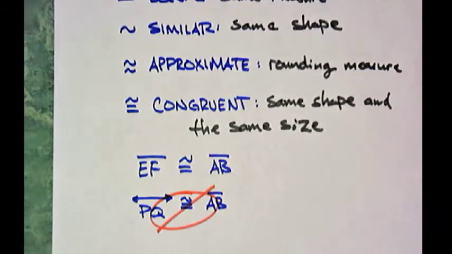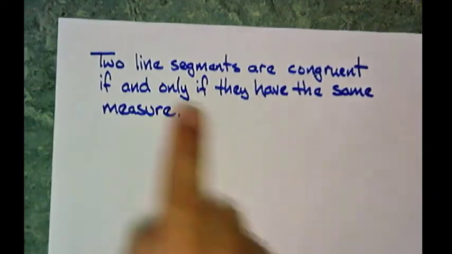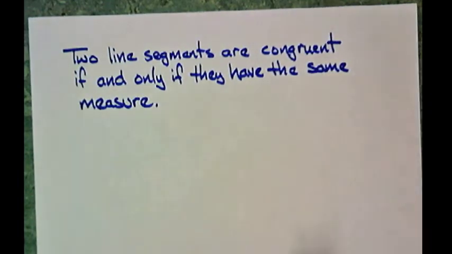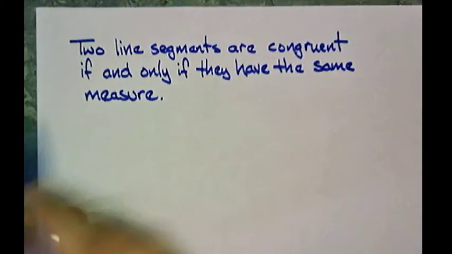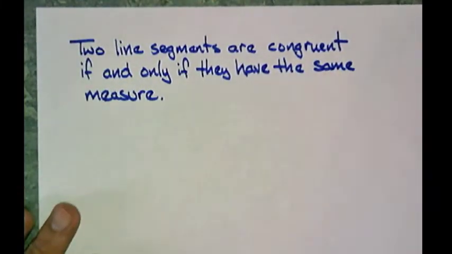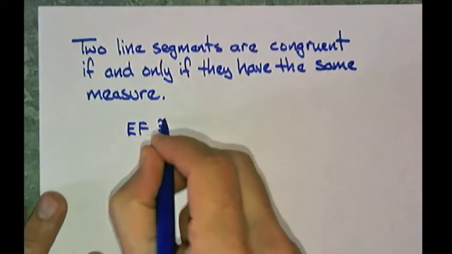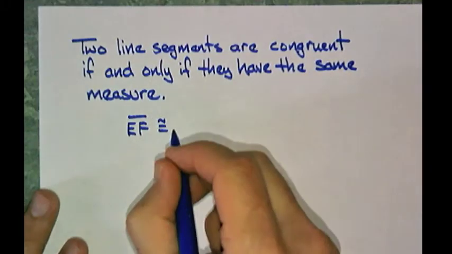In fact, two segments, line segments, are congruent if and only if they have the same measure. So the only way that I get two segments to be congruent is if they have the same measure. And there's a couple ways of showing that. I wrote EF is congruent to AB.